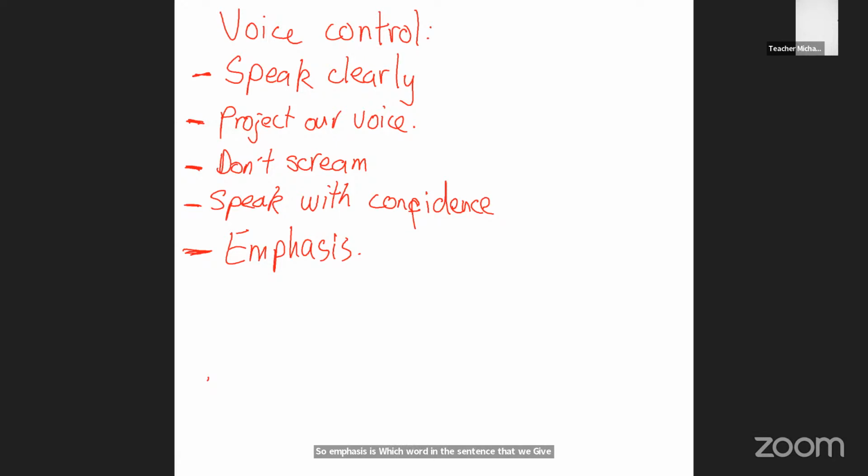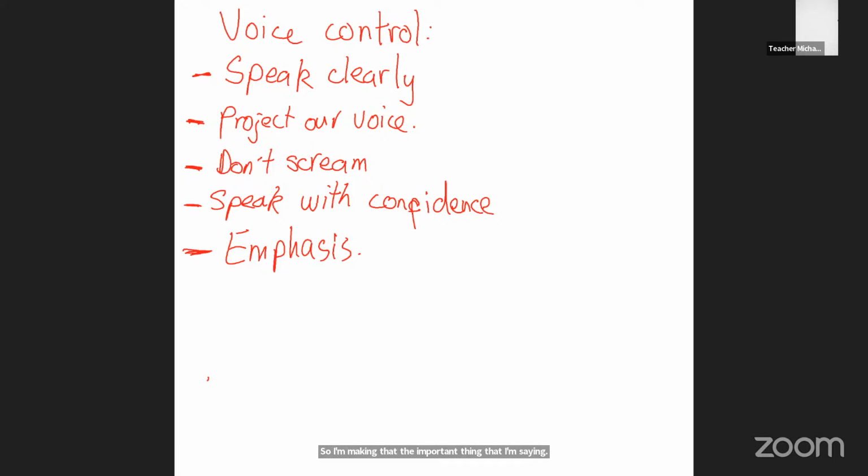So I'll say a sentence twice and I'll change my emphasis to demonstrate what that means. I could say, I had an apartment by the park. So by emphasizing park, I'm emphasizing where it was. So I'm making that the important thing that I'm saying.